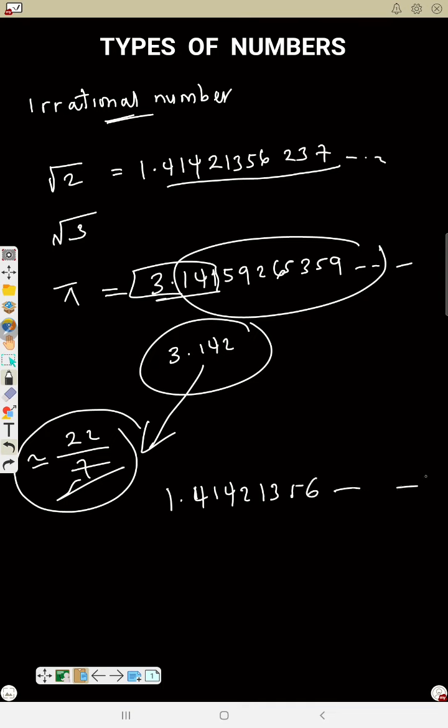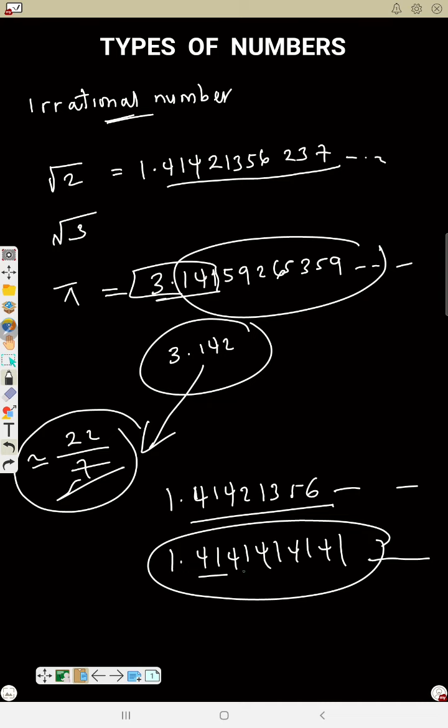It continues, non-terminating, and non-repeating, meaning the numbers are not repeating, just like 1.4141414141. All these ones are repeating, that is 414141. But if you look at this, it's non-repeating.